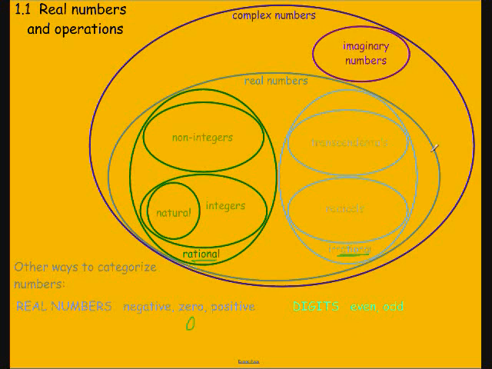So those are just other ways that we could categorize real numbers. What you want to remember for right now: rational and irrational. All real numbers are either rational or they're irrational.